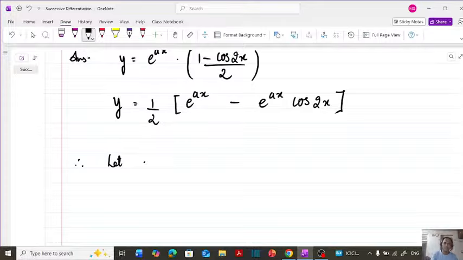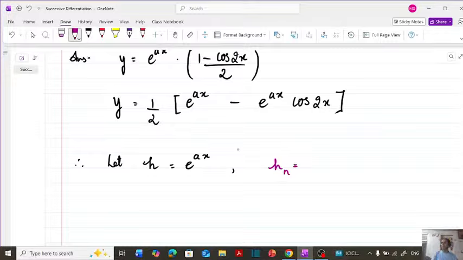So for the time being you can write like this, some h equal to e to the power ax. Just for the time being. So e to the power ax, what will be the derivative? hn, right? We have to write the nth derivative hn. How much will it be?